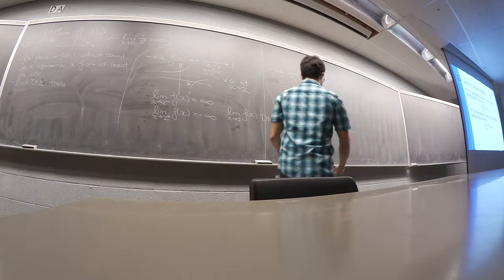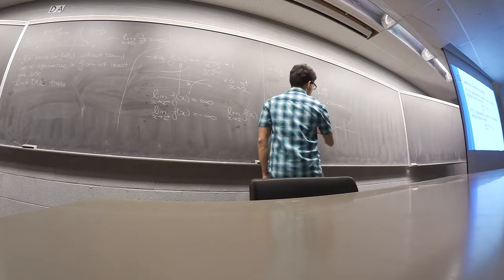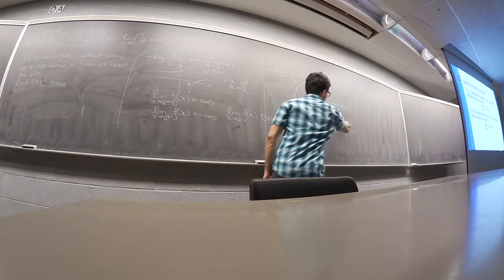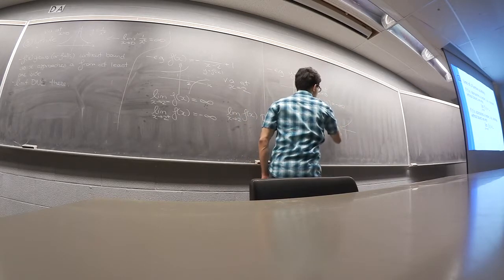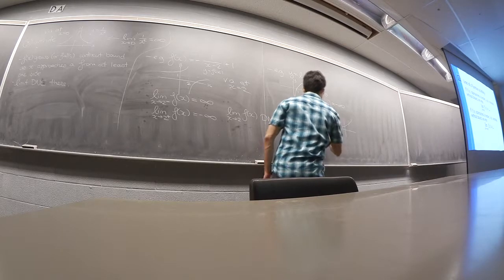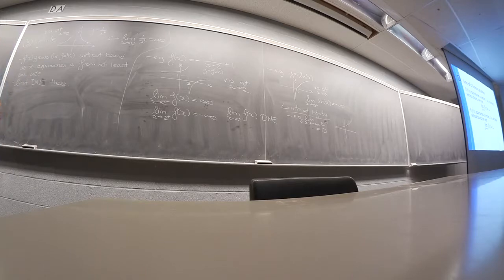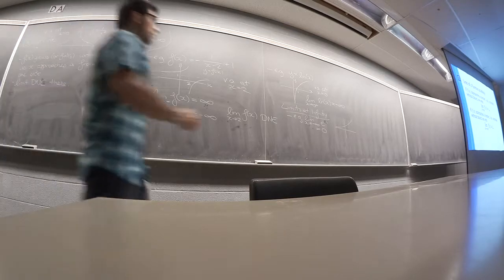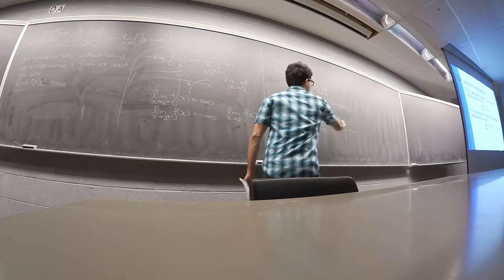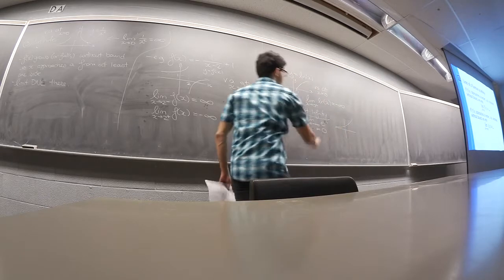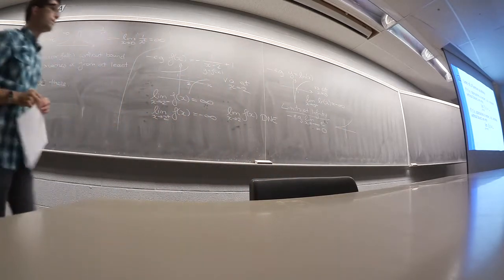It looks like this. Okay? And as x decreases without bound, this function is getting closer and closer and closer to 0. That limit exists and is 0. As we go farther and farther left, we get closer and closer and closer to 0. The limit exists and is 0.